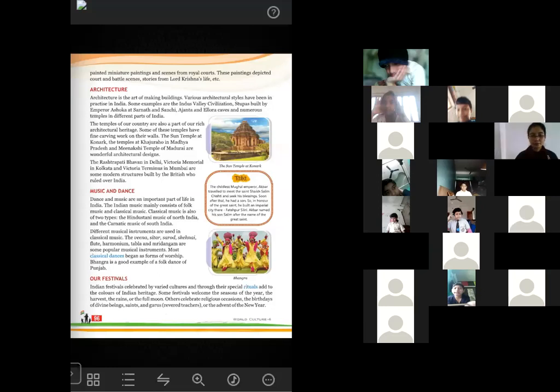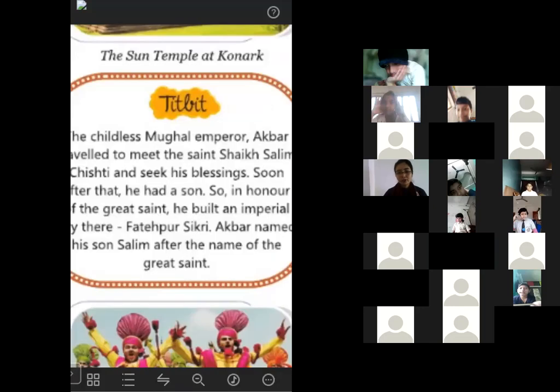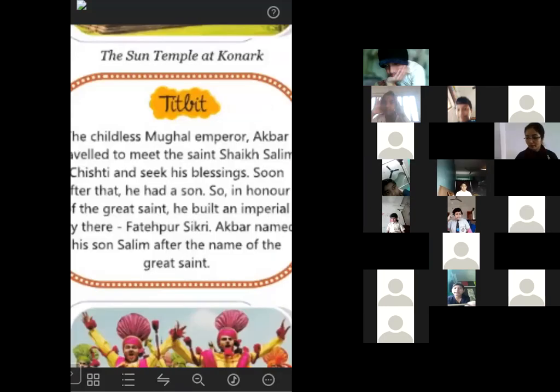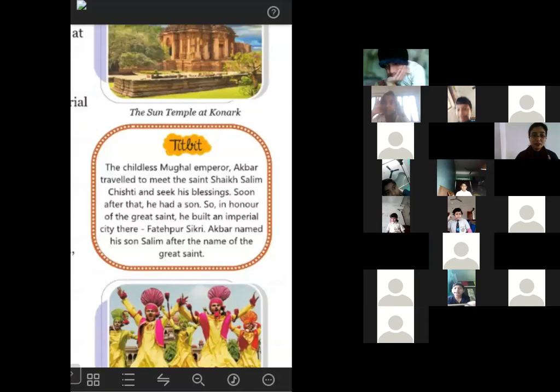You can see it. The childless Mughal Emperor Akbar traveled to meet Saint Sheikh Salim Chishti and seek his blessings. Soon after that, he had a son. So, in honor of that great saint, he built an imperial city there, which is known as Fatehpur Sikri. Akbar named his son Salim after the name of the great saint.